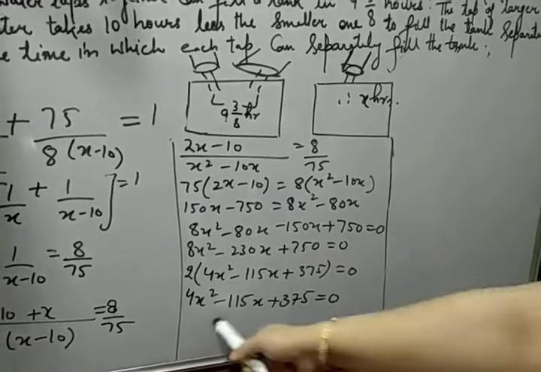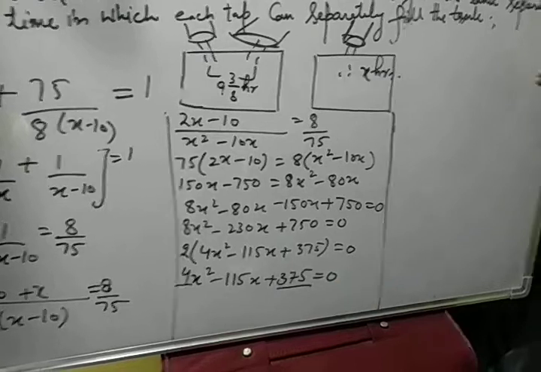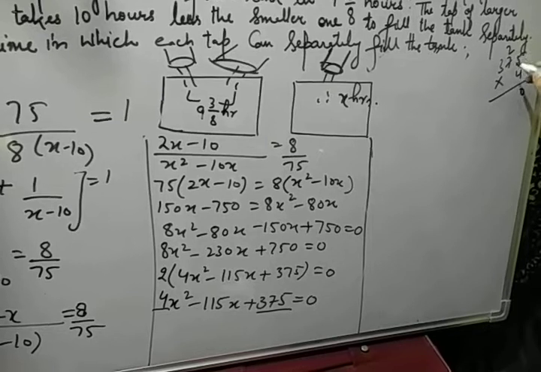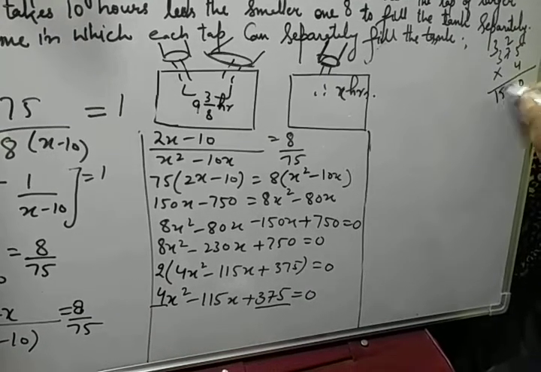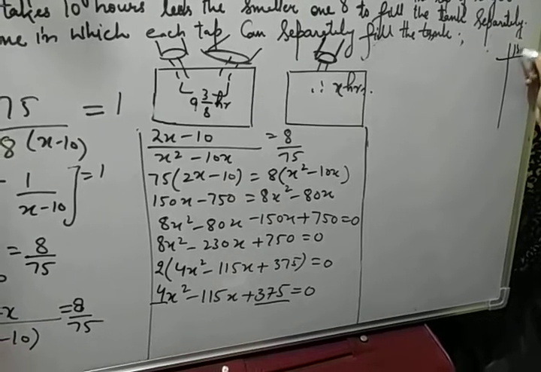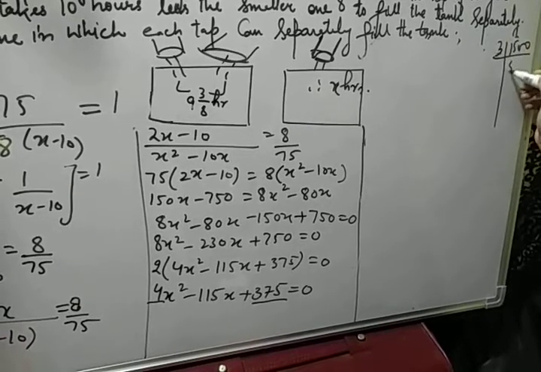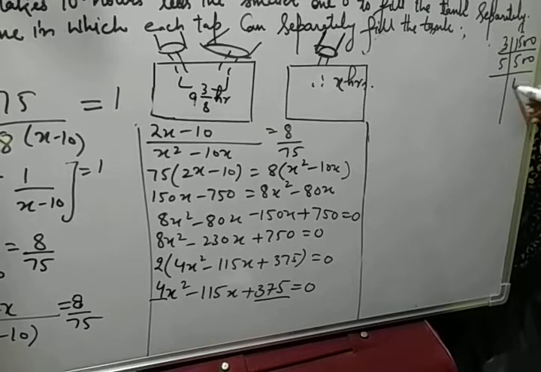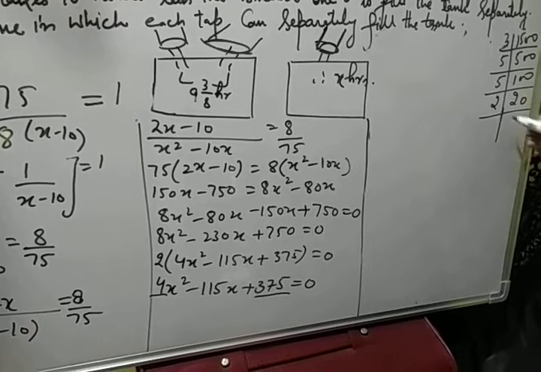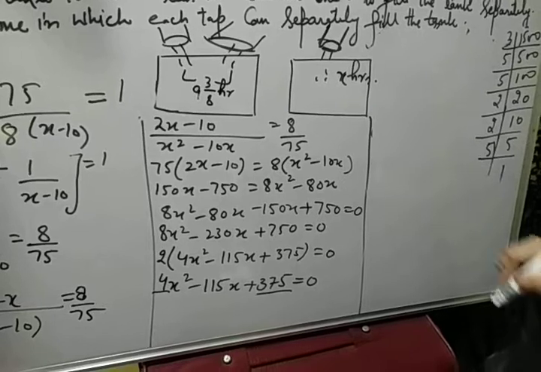Now in order to solve this quadratic equation, we have to multiply this 4 with 375. 375 multiplied by 4 is 1500. Right? It means we have to find the factors of 1500. So these are the factors.